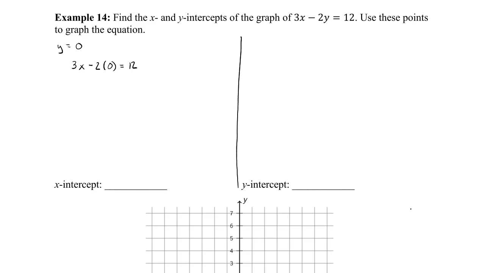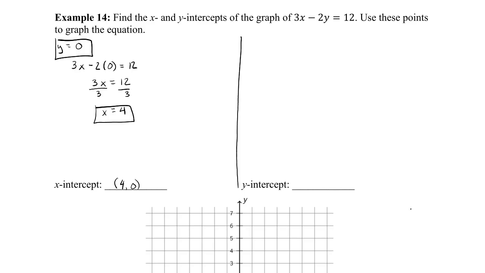So we have 3x minus 0 is just 3x. We'll divide both sides by 3, and we'll get x is 4. So at our x-intercept, y is 0 and x is 4. This is the point 4, 0.